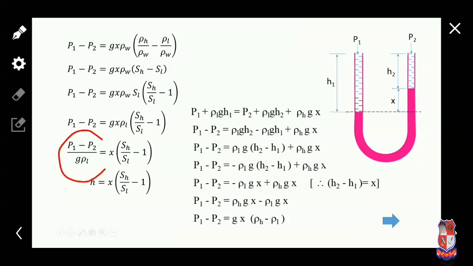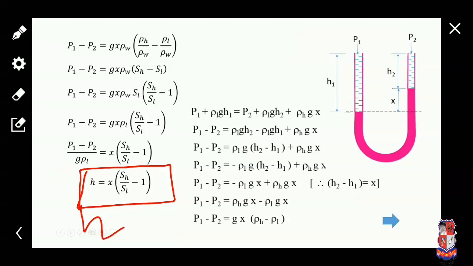Now we know that this is the pressure difference head, and that is denoted by small h. So finally we get this equation, and we find the value of pressure difference by this equation for a manometer case.